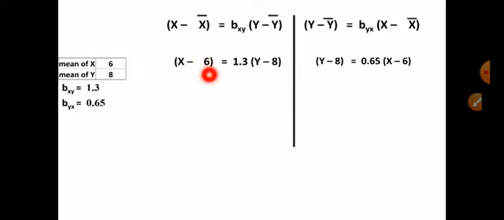Then x minus x bar, that is x minus 6, is equal to bxy, which we got as 1.3, into y minus 8, and y minus 8 is equal to byx, that is 0.65, into x minus 6.